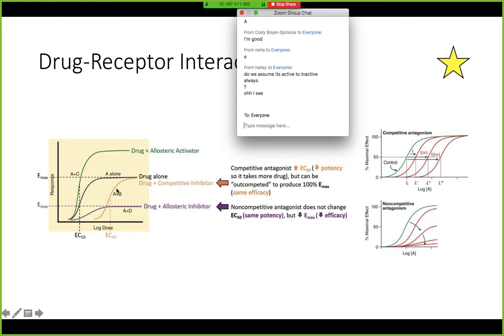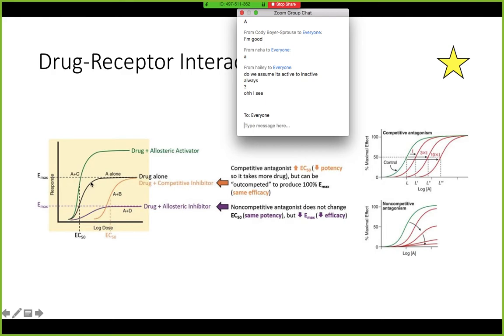But the two that I would focus on would be a drug plus a competitive inhibitor, so B would be your competitive inhibitor, and then the drug plus an allosteric inhibitor. If you have a drug plus a competitive inhibitor, the competitive inhibitor acts as a competitive antagonist, which is going to increase the EC50.